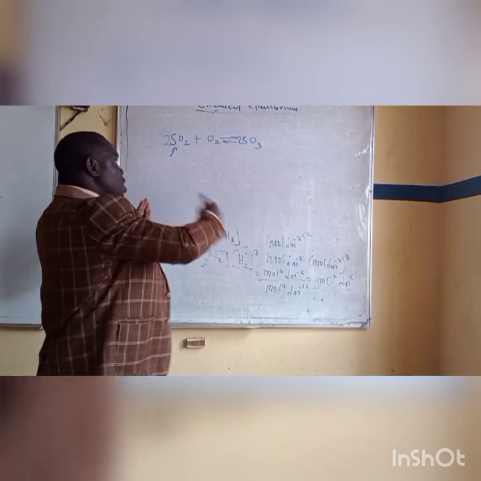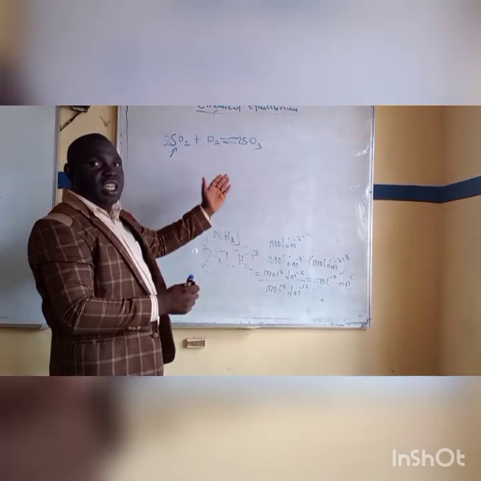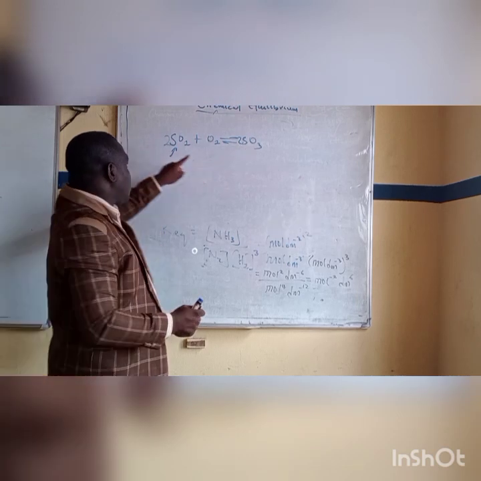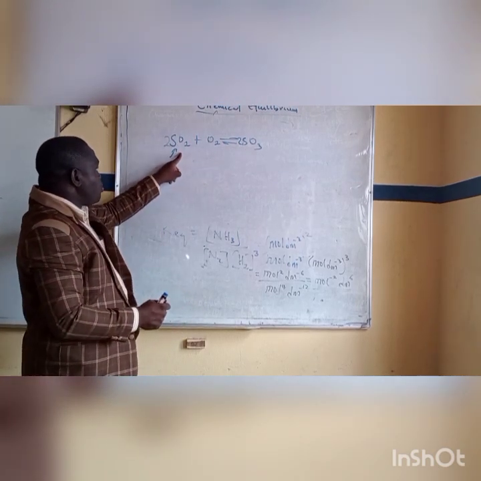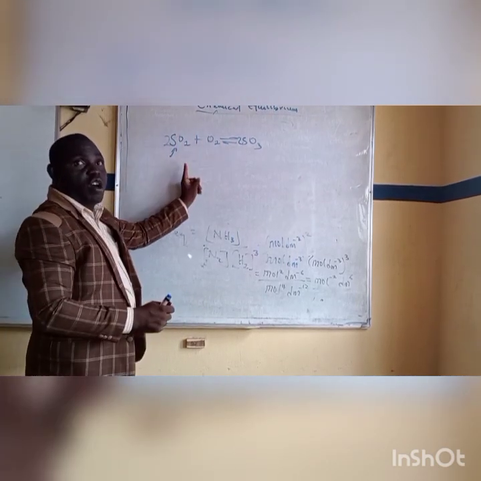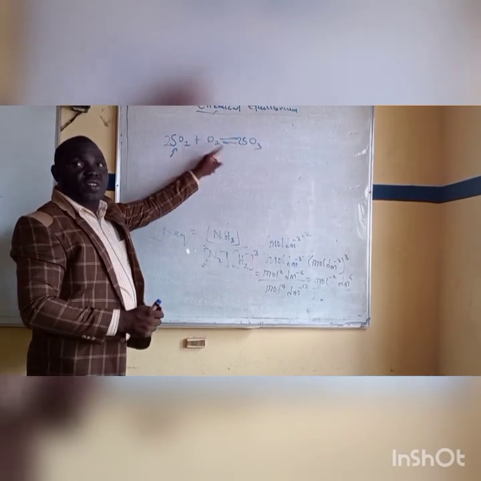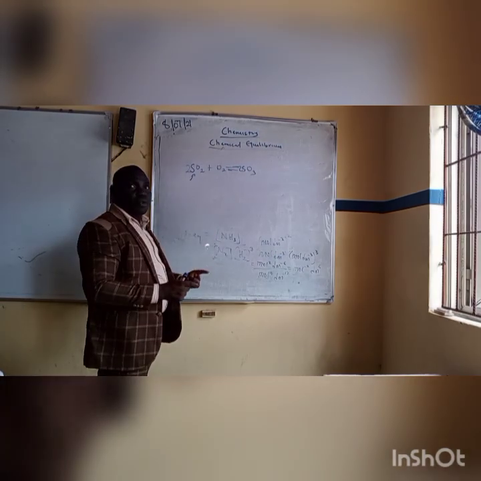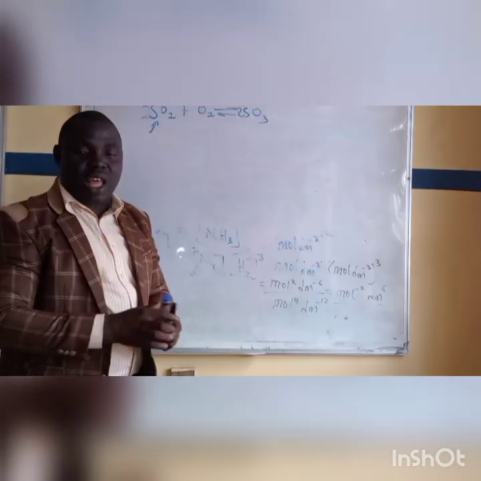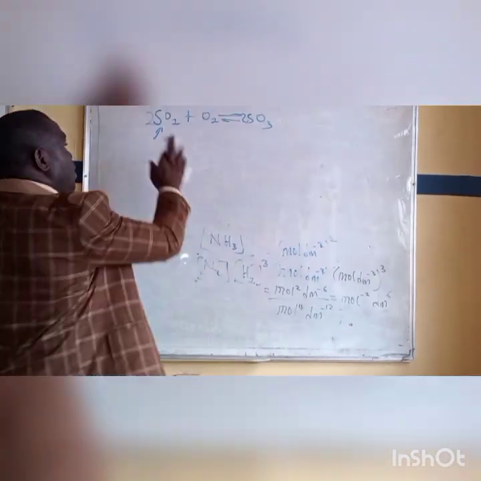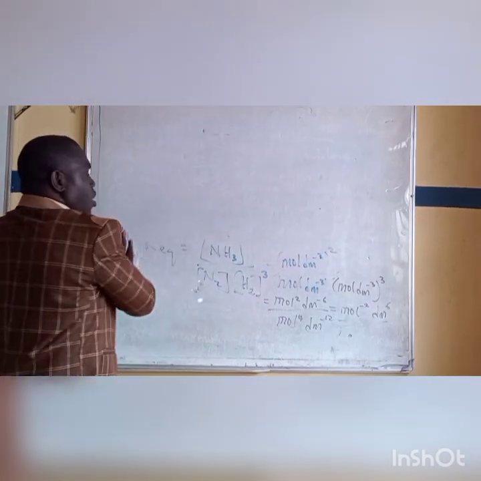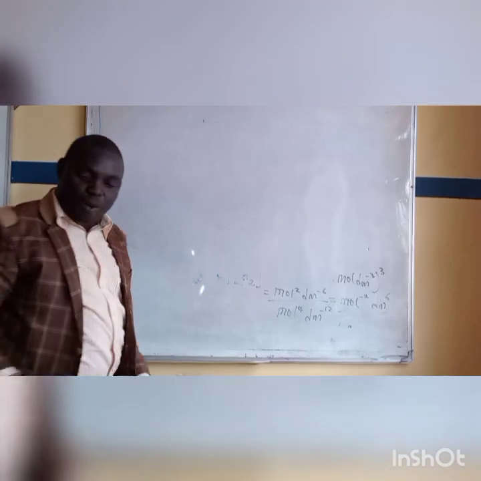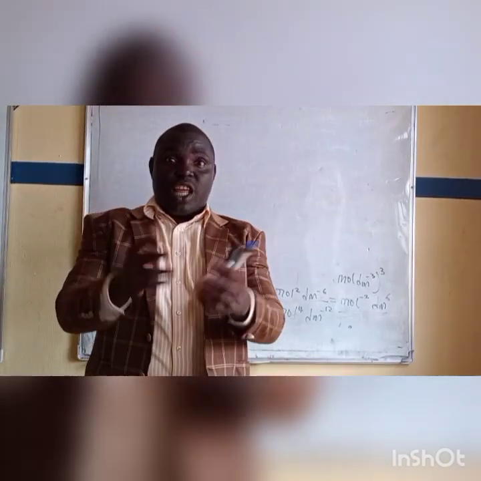It favors the right hand side. If you decrease it, the system will not go there, it will come back here. If you increase here, the system will go there. It's vice versa. So that's how concentration affects a system in equilibrium. I'm sure that's very clear.